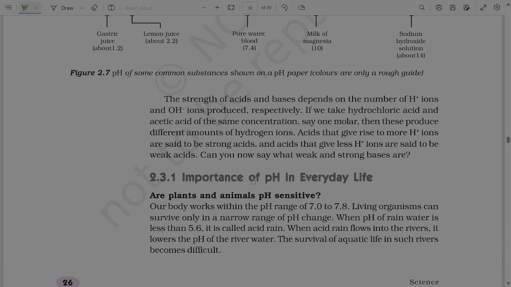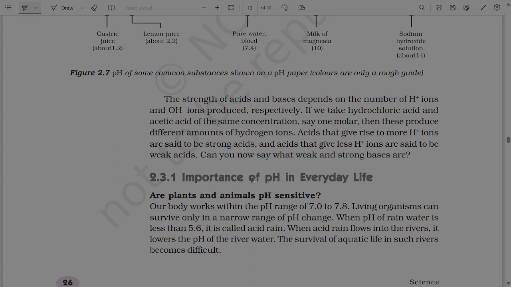The strength of acids and bases depends on the number of H+ ions and OH- ions produced, respectively. If we take hydrochloric acid and acetic acid of the same concentration, say 1 molar, then these produce different amounts of hydrogen ions.